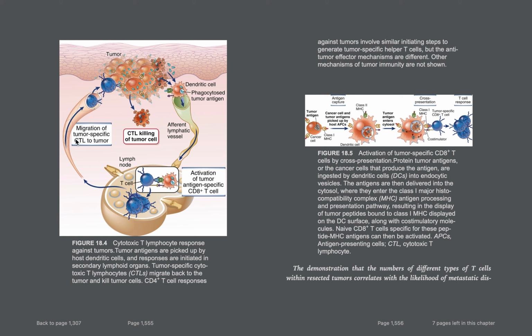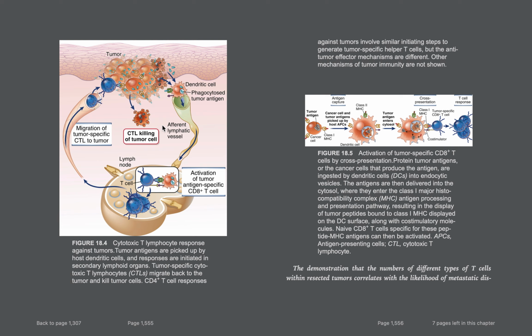The activated T cells migrate to the tumor sites, whereby cytotoxic T lymphocyte killing of tumor happens. So that is it. Figure 18.5 says activation of tumor-specific CD8 T cells by cross-presentation. That is the diagram that is showing.